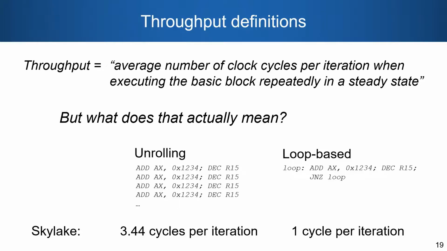So the measurements and the predictions are actually based on different definitions of throughput, which is one of the reasons why measurements and predictions might differ.